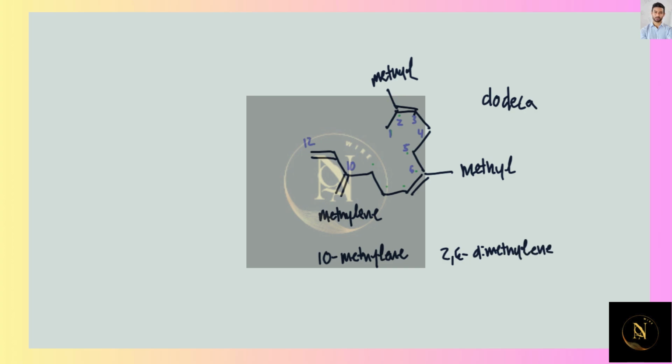And as for our root chain, we know that it is an alkene. In fact, it is a triene. And in particular, it is a 2,6,11 triene.